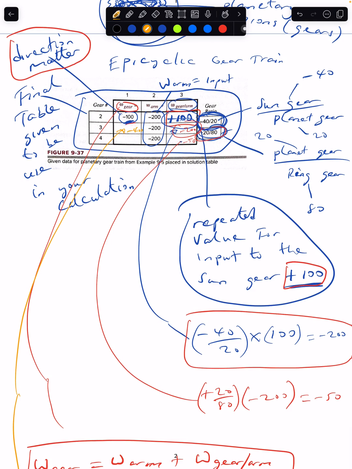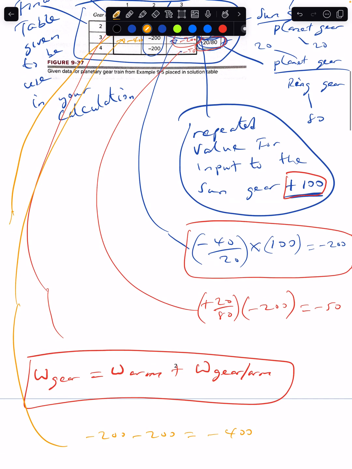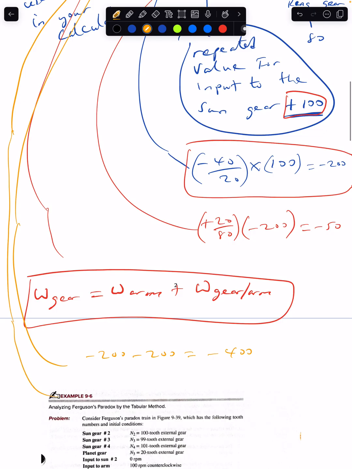Like I said, for this section equally, you are still free to be smart to say minus 200 plus 100, which is equal to minus 100.